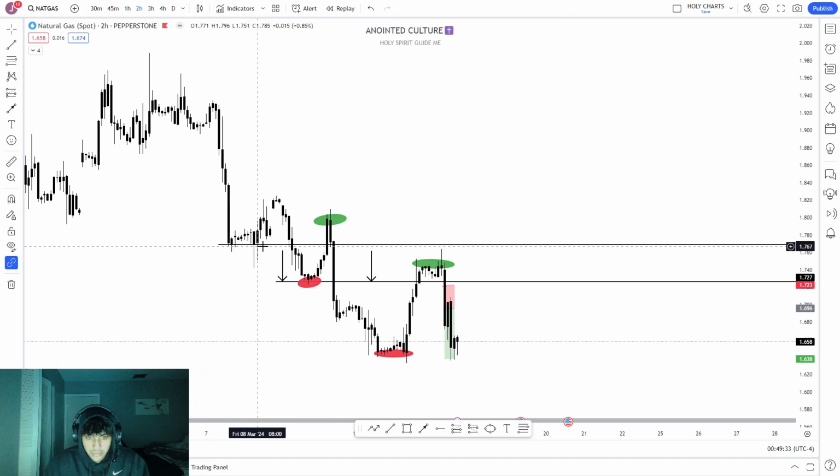So we have these 2 lows right here, right? On natural gas. We have two lows. Price makes a lower high, which is one bearish indication, and then price breaks these two lows right here. These two lows get broken. Once we know those two lows are broken, we know that price can continue down. Then we see another lower high.